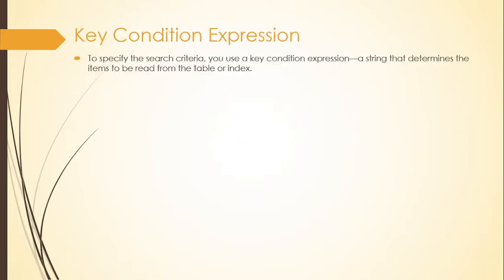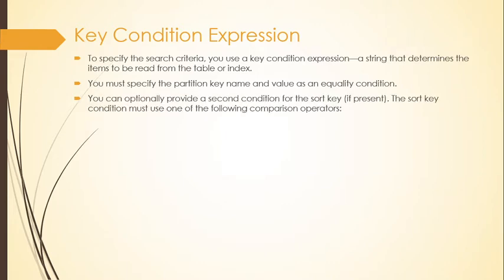Key condition expression. To specify search criteria, you can use a key condition expression. It is a string that determines the items to be read from the table or index. So for providing your partition key and sort key, you can use key condition expression. You must specify the partition key name and value as an equality condition. You can optionally provide a second condition for the sort key, if it is present.